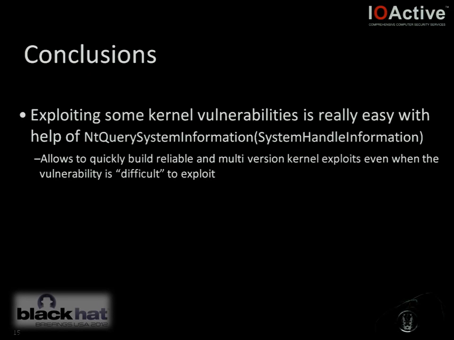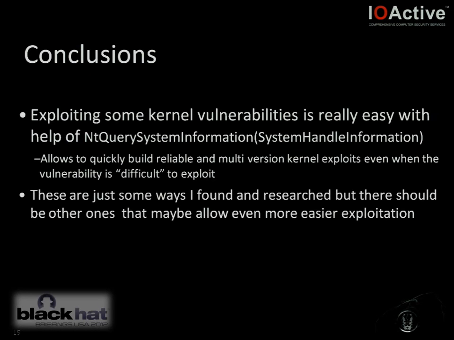And also it works for really difficult to exploit vulnerabilities. And of course, these are just some ways I found by researching some specific kernel structures. If you continue doing some research, maybe you can find some even easier way to elevate privileges by replacing some values in some Windows kernel object structure.